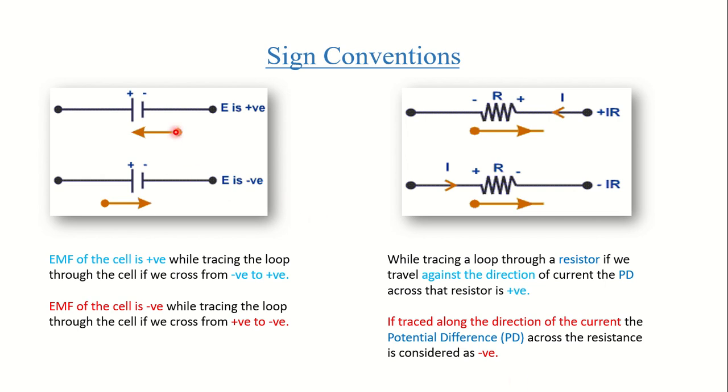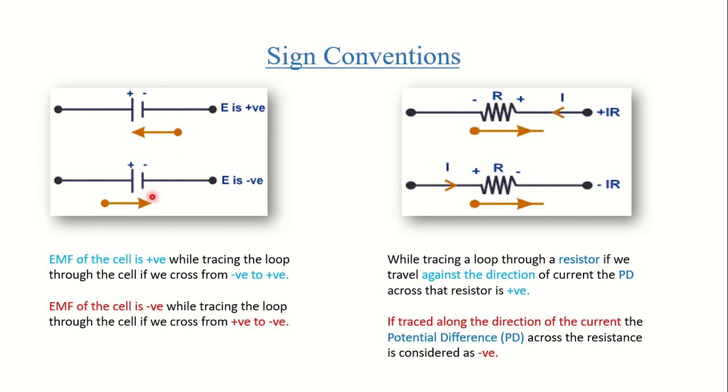Now you can see here the first diagram. Here you can see the cell and this red arrow shows the direction in which we are taking the loop. So if the direction in which the loop is taken is moving from the negative terminal to the positive terminal, then the EMF E will be taken as positive.